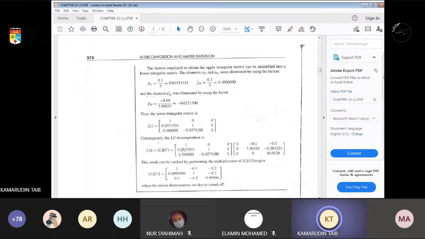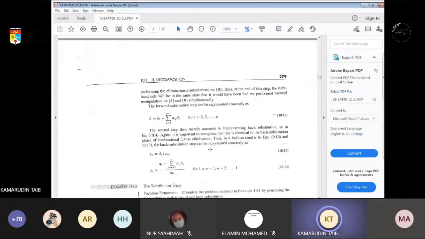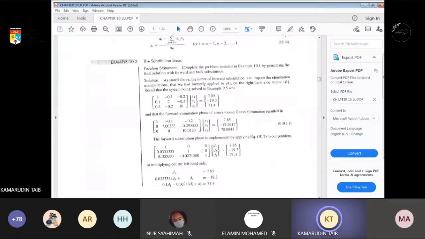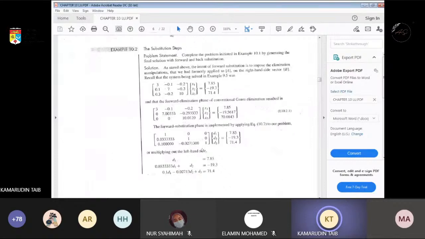And then we have 0.0333 x1 plus 1 times x2 is equivalent to... 1 times d1 plus 0 equals 7.85.